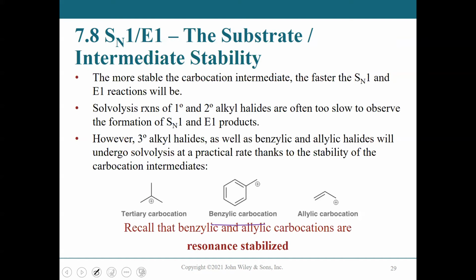Why? Think for 3 seconds. Why can't this carbocation do E1 reaction? 3, 2, 1. The answer is because this carbocation does not have a beta hydrogen. The only beta position is this carbon, and this carbon doesn't have beta hydrogens.